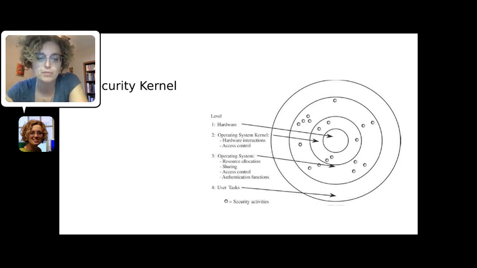It may have thousands of lines of code, and it is designed based on security. It interfaces with the hardware, it monitors operating system accesses to hardware, and performs all the needed protection functions.